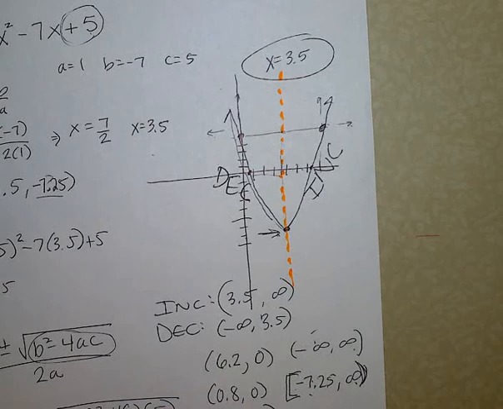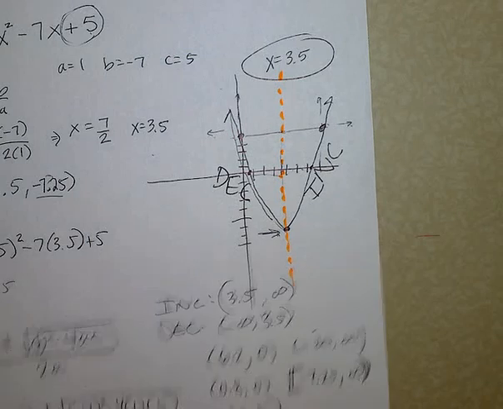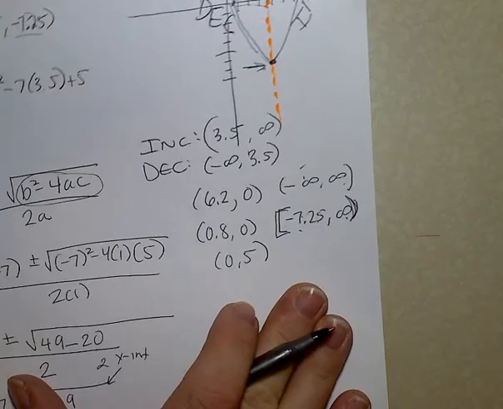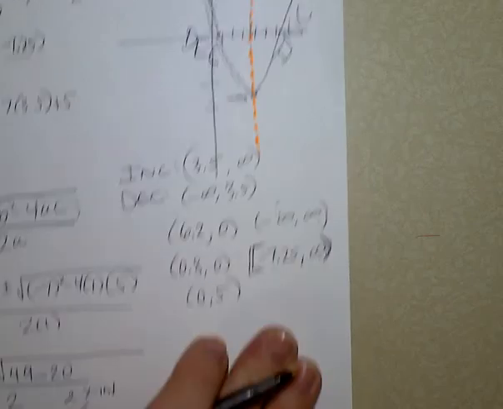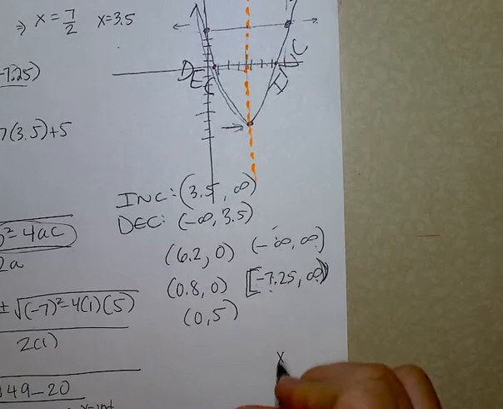Okay, your next part is I would like you to write down what is the end behavior with your partner. When you're done, please look up here to check. Ready, begin. Make sure you're putting it in the correct format.